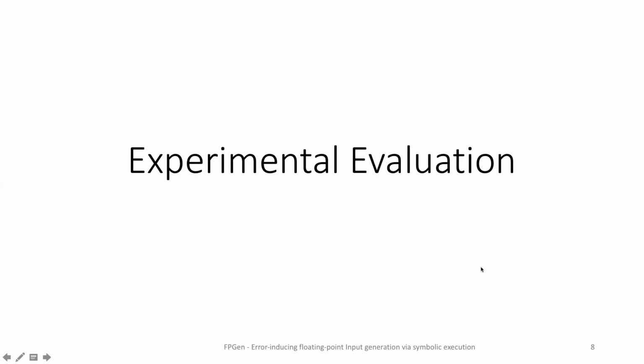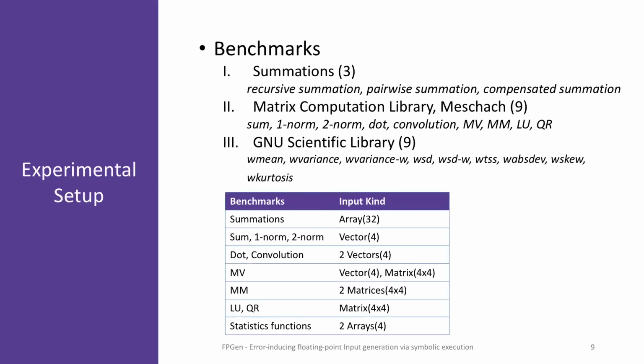In our evaluation, we collect 21 programs that take multidimensional input. Specifically, we include 3 summation programs that take arrays as input, 9 matrix computation programs from the Mosaic library that take vectors and matrices as input, and 9 statistic programs from the JSL library that take arrays as input.